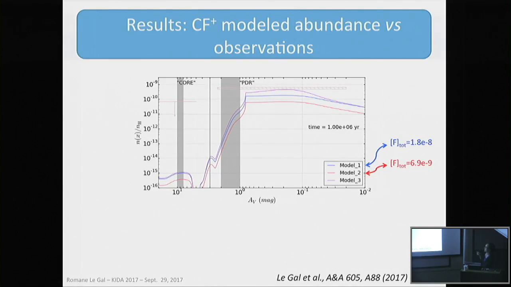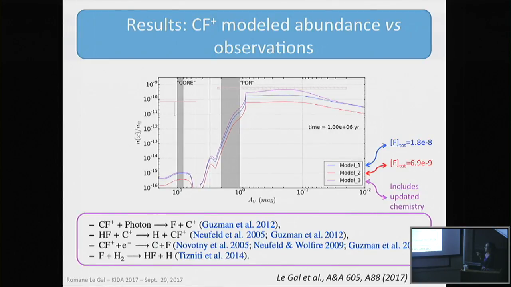This was the value that was used in previous models. The third model is a model where we updated the fluorine chemistry. And we see that just by implementing this reaction in our model, it can improve how we reproduce the observation.